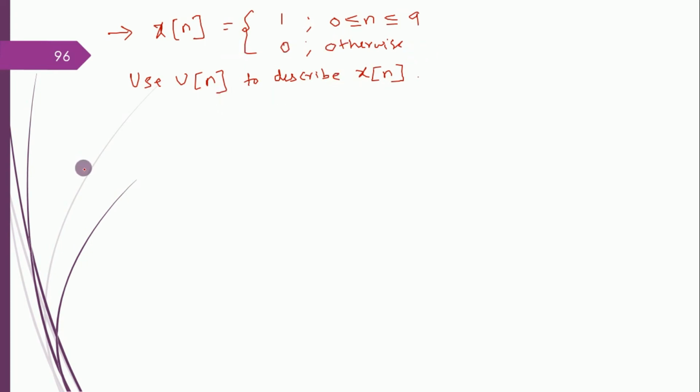Okay, let me solve it. So what is u of n? For others who have not yet got a clear idea about it, just concentrate here. u of n is a discrete time signal. Till minus 1 it has amplitude 0. At 0, it has amplitude 1.